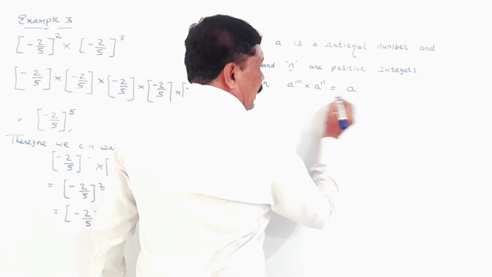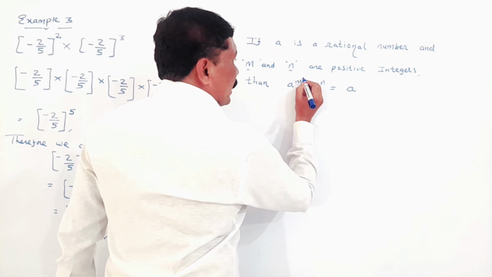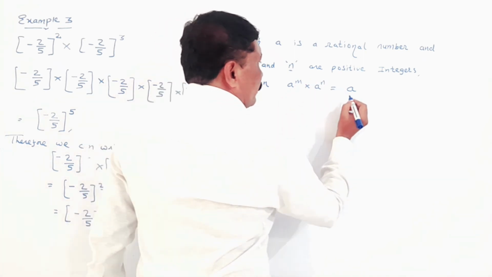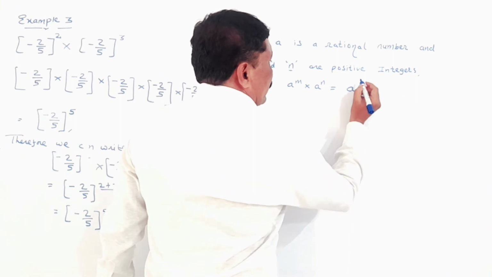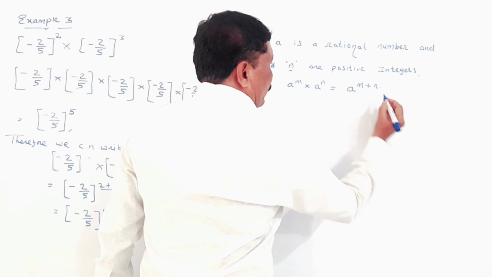So a raised to m into a raised to n gives a raised to m plus n.